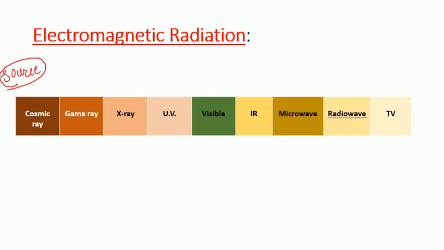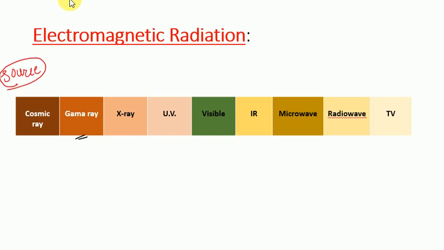the rays come out. The first ray, which has the maximum energy and shortest wavelength, is the cosmic ray, and the second one is the gamma ray, third is the X-ray, then UV, visible, IR, microwave, radio, and the last one TV.